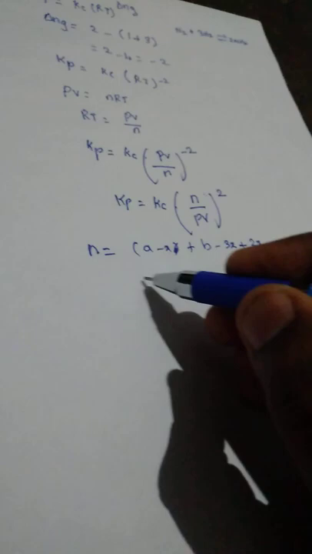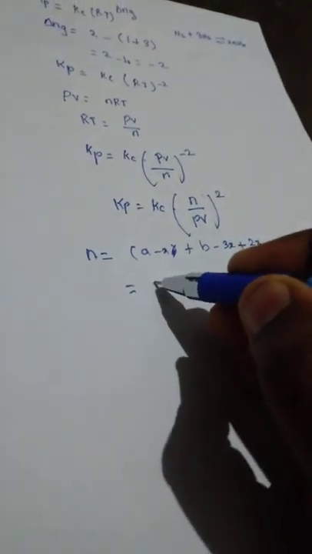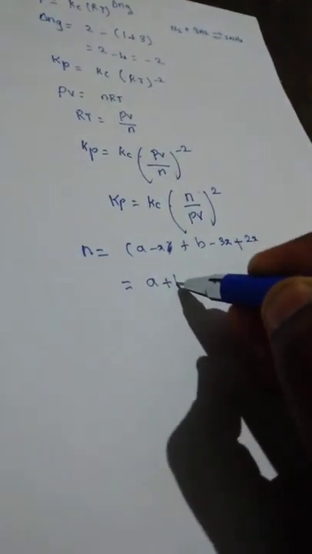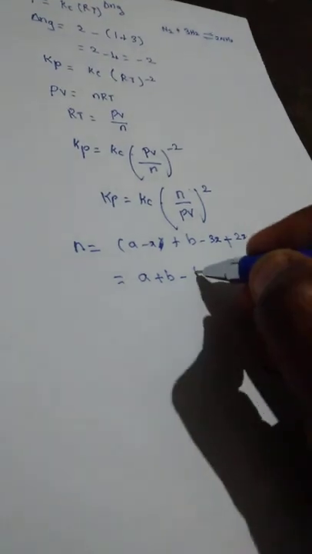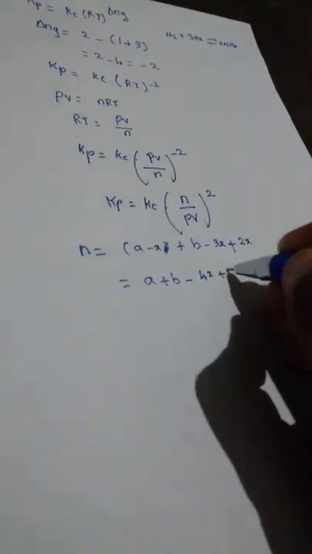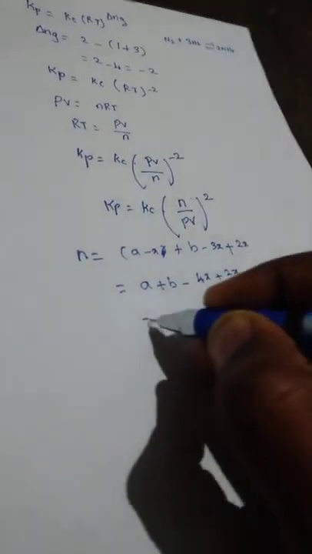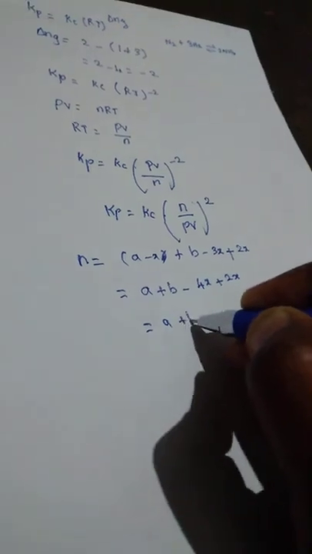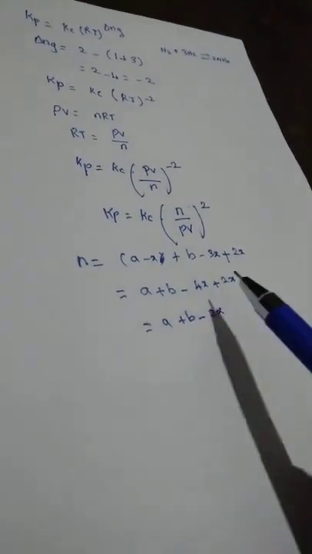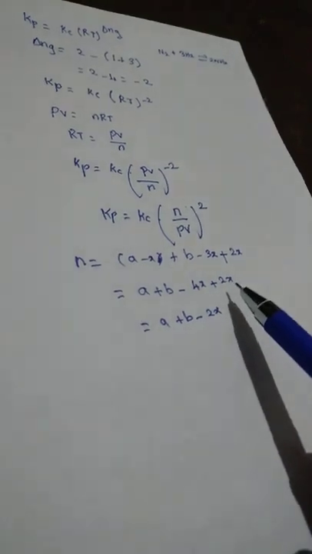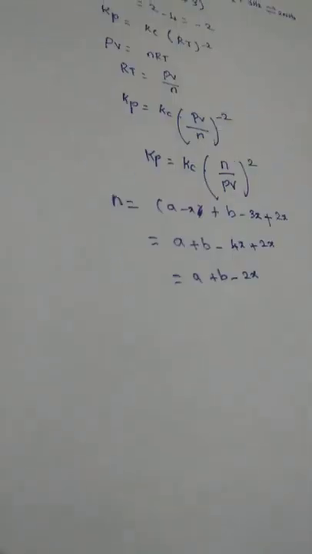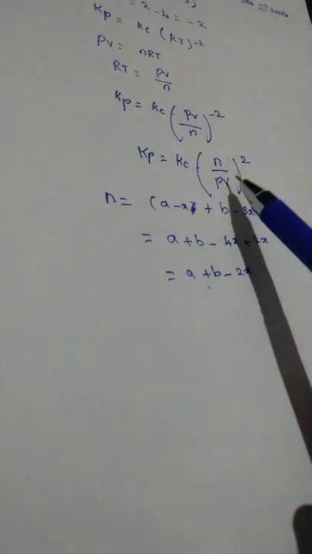Understand? Now this one you can write as a plus b minus 4x plus 2x. That you can write like this: a plus b minus 2x. Understand? Okay.